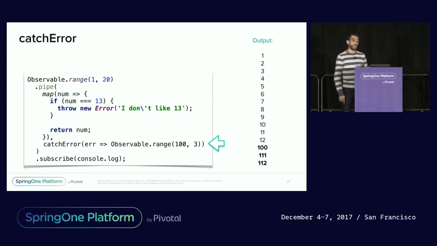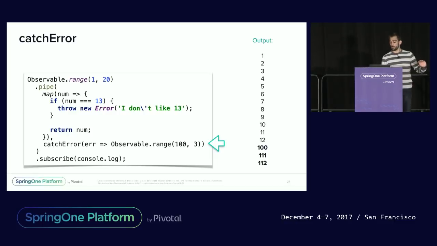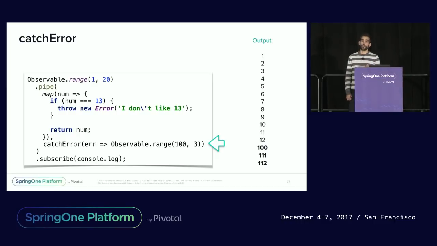Now when we get an error, we're going to switch to another observable, which has this range factory method. We're going to start with 100, and we're going to emit 3 values. So the output will be from 1 to 12. When 13 is emitted, we're going to get an error and switch to the other observable. That means we're going to get 100, 101, and 102.